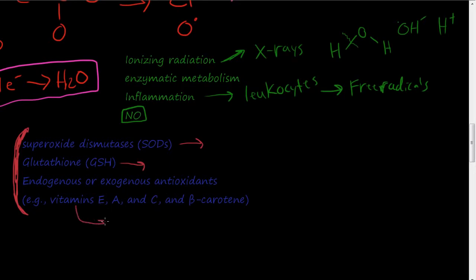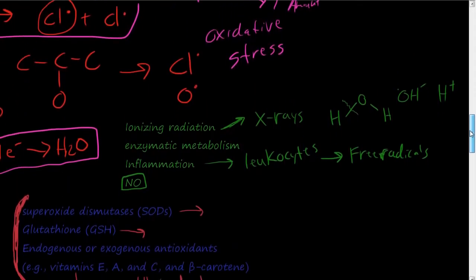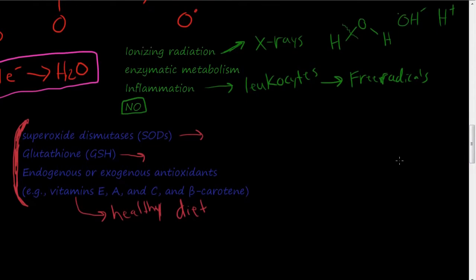But also a good, healthy diet with lots of vegetables and fruits will also have plenty of these inside that will help destroy these free radicals that are a common process as the mitochondria and other parts of our cells work to create energy and ATP and perform their proper function.